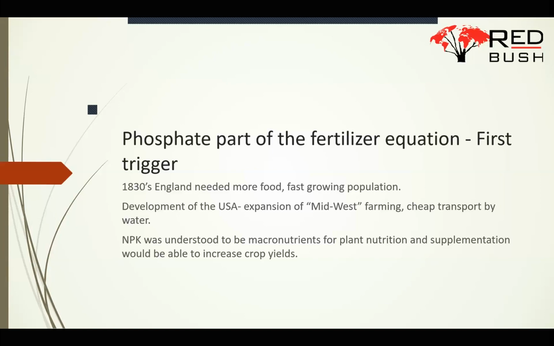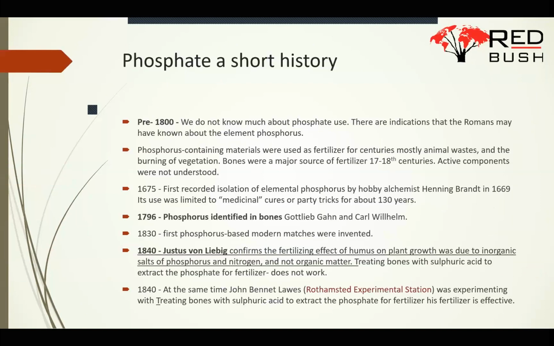It's just huge, enormous tracts of farming land. And a lot of cheap transport by water. So shipping becomes a really viable and cheap way of moving large quantities of material. And also the NPK was understood to be the macronutrients for plant nutrition and supplementation.